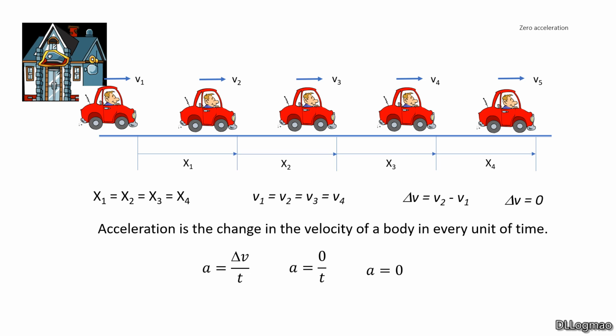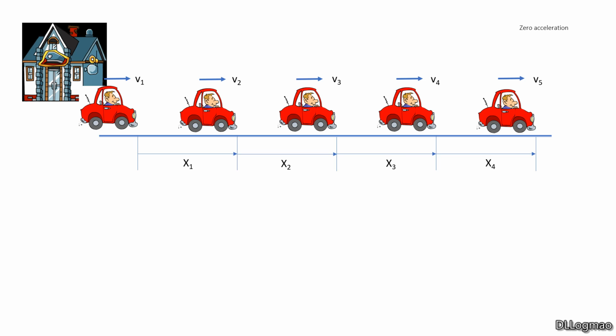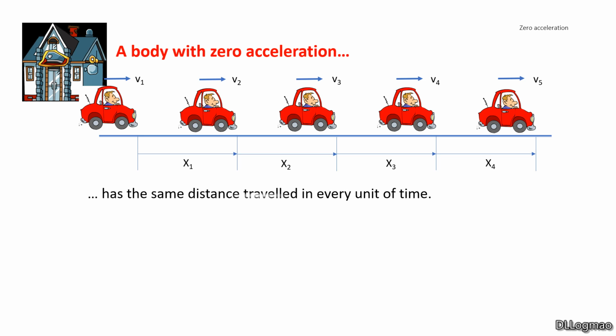Describing the motion of a body with 0 acceleration: the distance traveled 1, x sub 1, is equal to distance traveled 2, x sub 2, equal to distance traveled 3, x sub 3, and equal to distance traveled 4, x sub 4. The body has the same distance traveled in every unit of time.